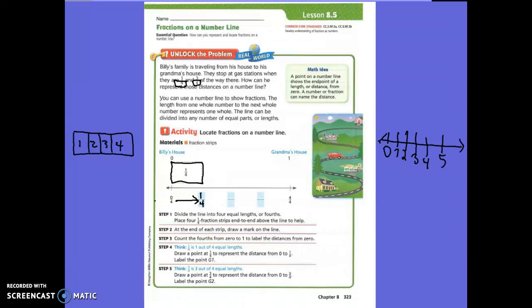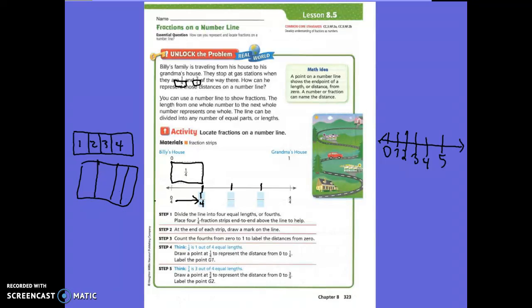Now it says to divide a line into 4 equal lengths. We could do that. I forgot to do that first. Go ahead and do that. Just put a line above all the little blue boxes that you have. Okay? Now you can see it's into fourths. When you do a box and you want to split it into fourths, you put 3 lines in it.